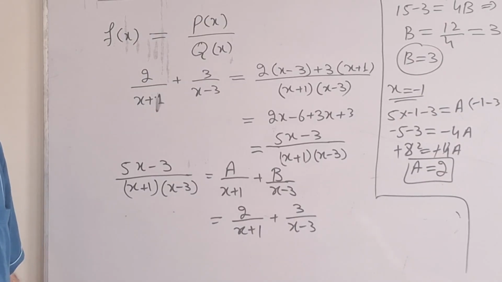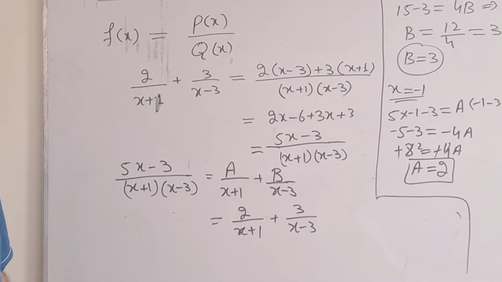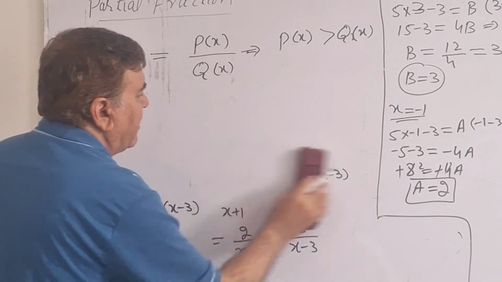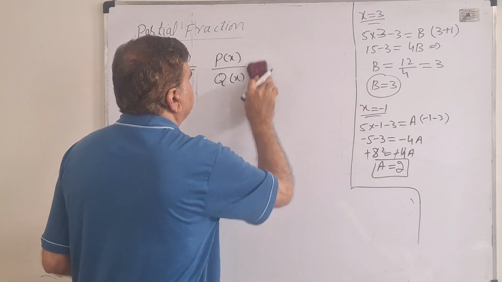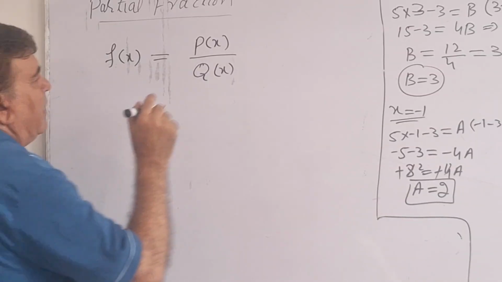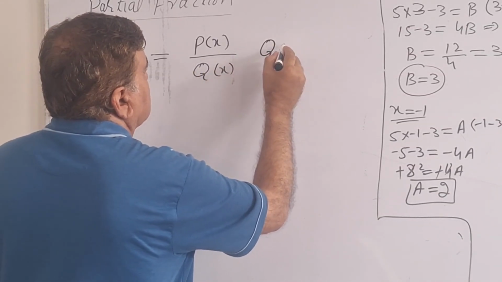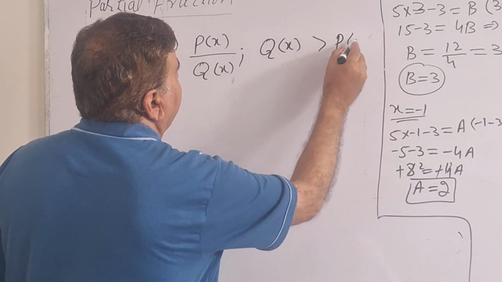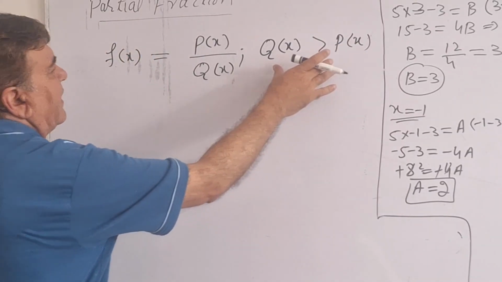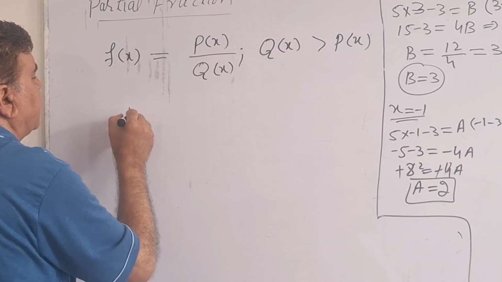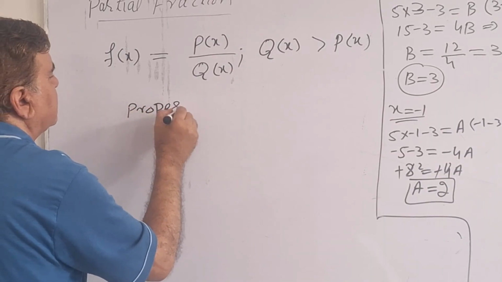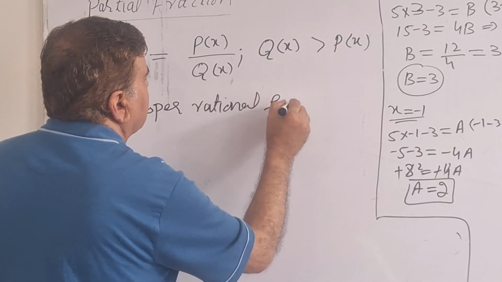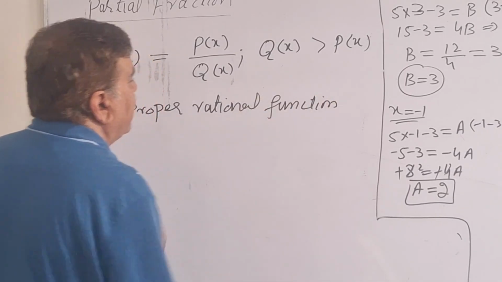Now, there are two things to memorize, two things to understand. If the degree of the polynomial in the denominator is greater than the degree of the polynomial in the numerator, we call f of x a proper rational function.